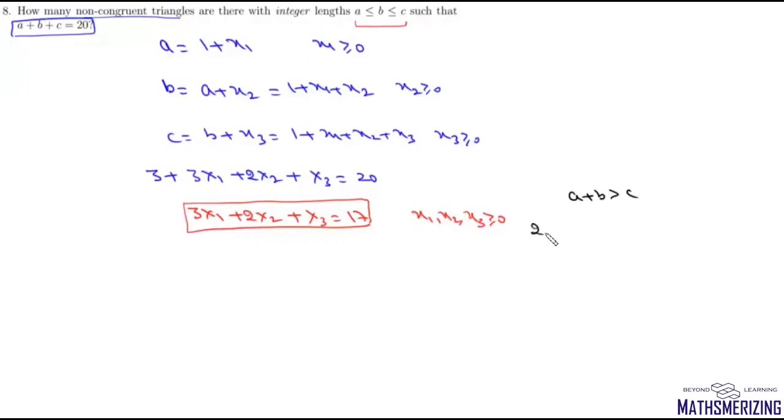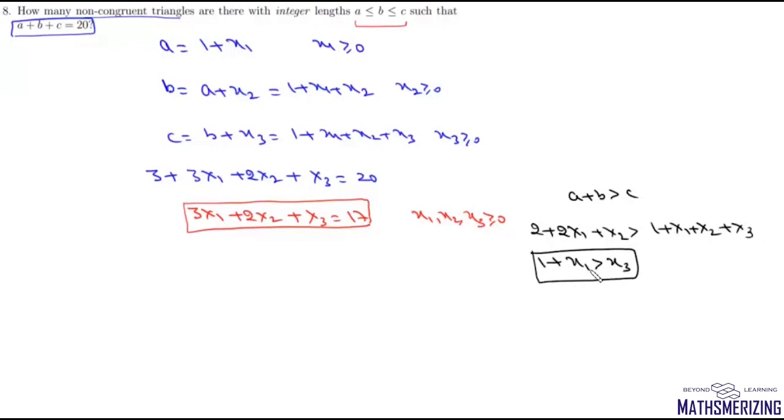A plus b is 2 plus 2x1 plus x2, and it should be greater than 1 plus x1 plus x2 plus x3. Here x2 will cancel, and x1 will also cancel once. So simply we can write 1 plus x1 should be greater than x3. So we need to find solutions to the equation provided x3 is less than 1 plus x1.